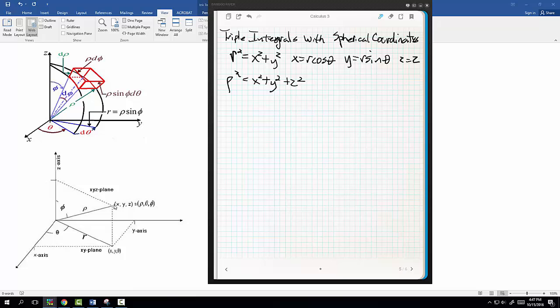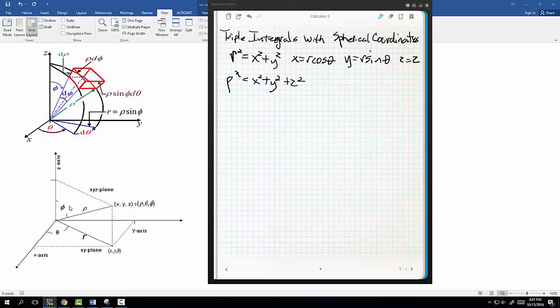Now I've got to get a little bit crafty because all I've got are these things, okay? So here we go. Does everybody agree that if this is r, then this guy is r? So what I need is a relationship between x and y and r and theta and this new rho and this new angle phi. Okay? So if there's an r up here, I can't draw on this because I'm not on my machine, but we're not going to worry about it.